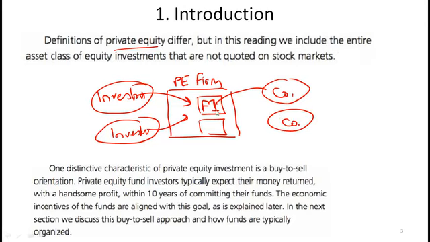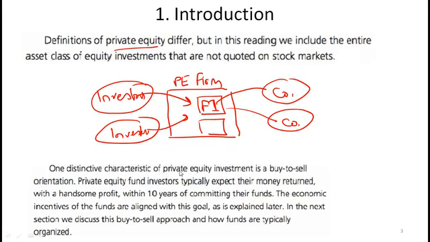The point being the following. The private equity firm has expertise in figuring out which companies to invest in, and these are private companies. So investors like us give money to the private equity firm, which in turn invests in these companies. I'm going to read the statement and then come back to this picture.